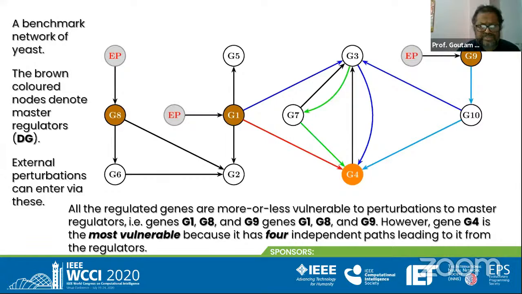Now the question is, if I replace G4, say, if I have the highest technology for gene replacement, though not available yet, will my disease be cured? Can I recover from the genetic disease?